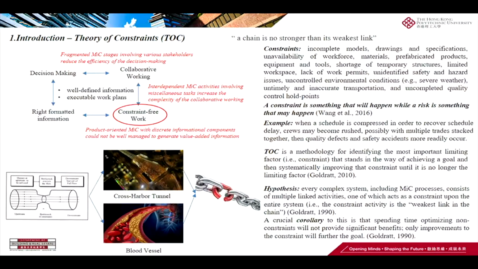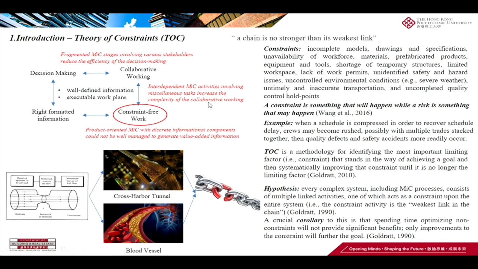In the theory of constraints, I will first explain the issues of the collaborative and mitigation processes. First, the fragmented stages involve so many various stakeholders, which reduce the efficiency of decision making, and the independent activities involving so many tasks increase the complexity of the collaborative working, and the product-oriented MIC with discrete information components could not be well managed to generate value-added information.